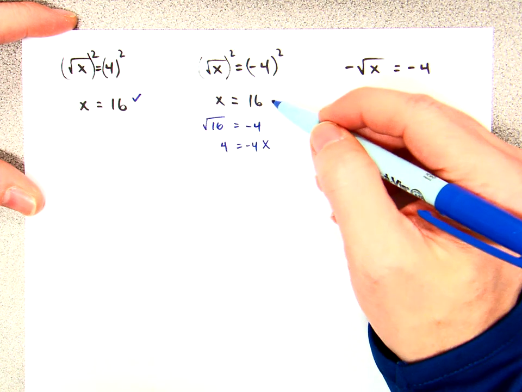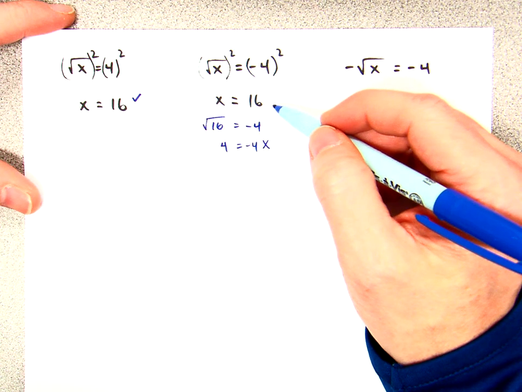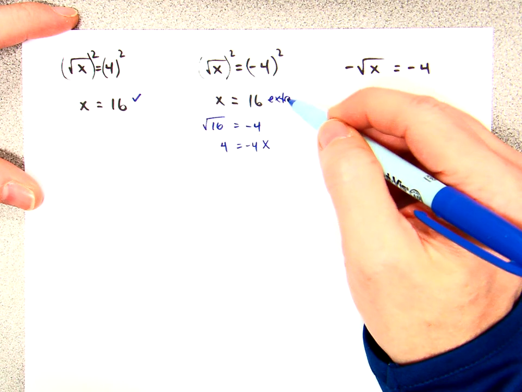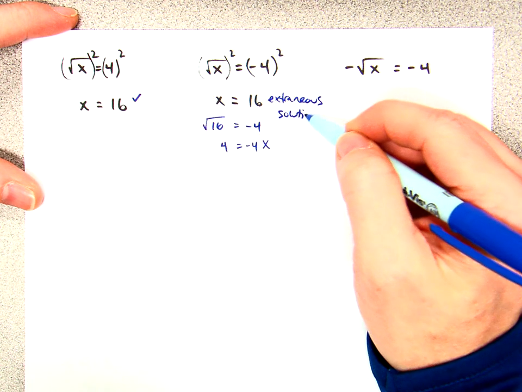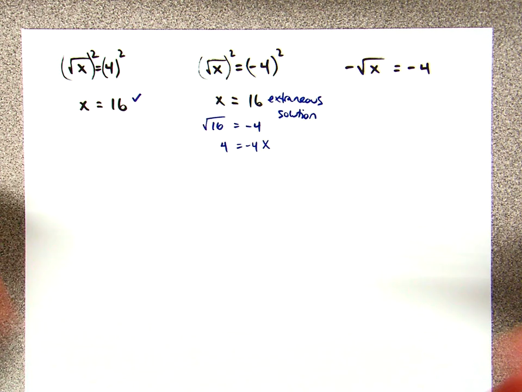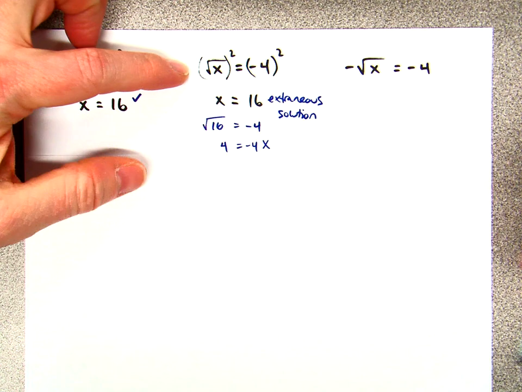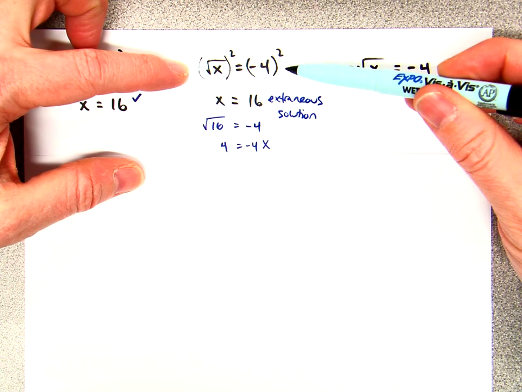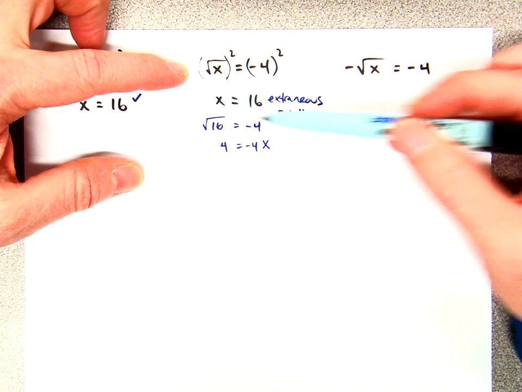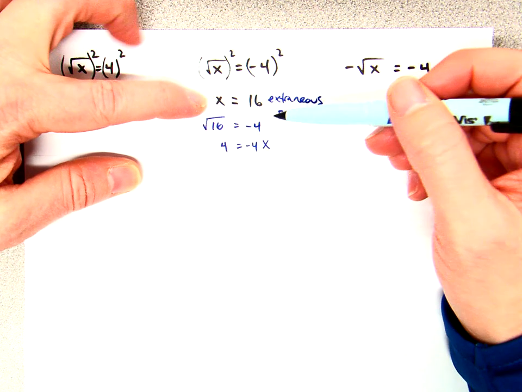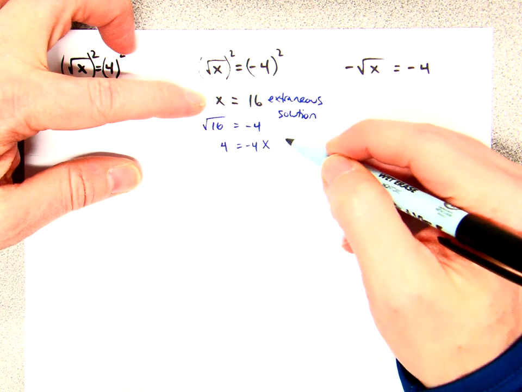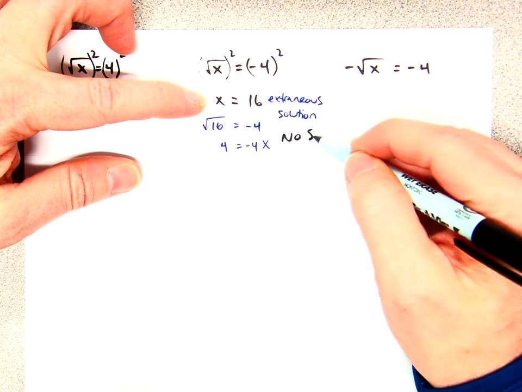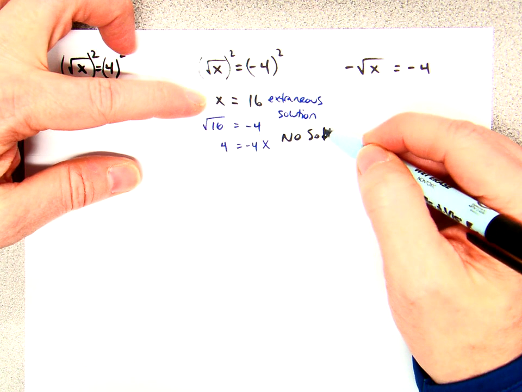So what we call this is an extraneous solution, meaning it's a solution that we get from algebraic manipulation, but it doesn't actually solve the equation, which means it's not really an answer. So 16 was the only feasible answer, but we checked it and it doesn't work. So in this case, there would be no solution.